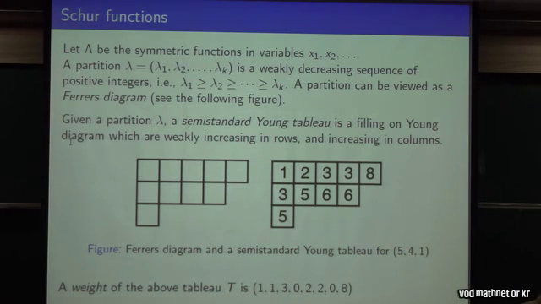And there is a weight. The weight is basically indexed by the number of i's used. The number of 1's here is 1, so this is the first number. The number of 2's used is 1. The number of 3's used is 3. There's no 4, so it's 0, and so on. That's the weight.